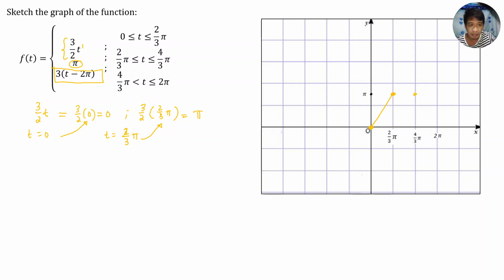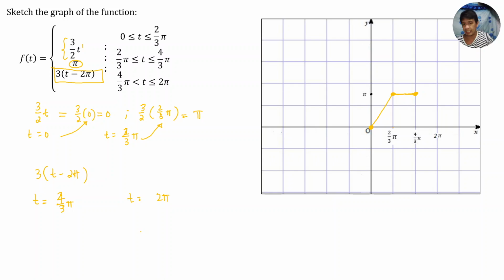And lastly, greater than 4/3 pi up to 2 pi. So again, this 3 times t minus 2 pi is a straight line. So kukuha lang ako ng point, 4/3 pi and the other one is 2 pi.